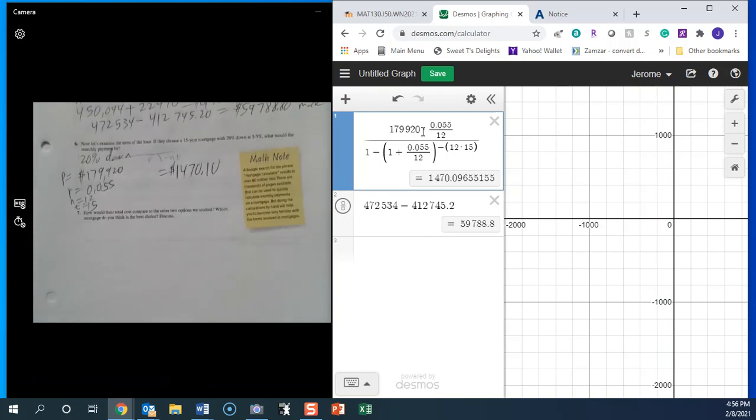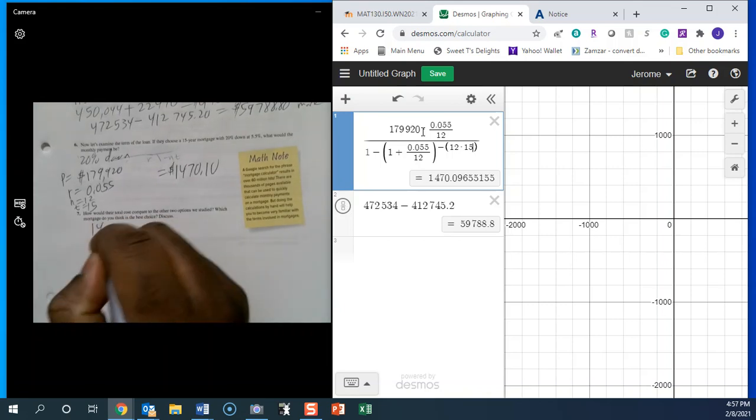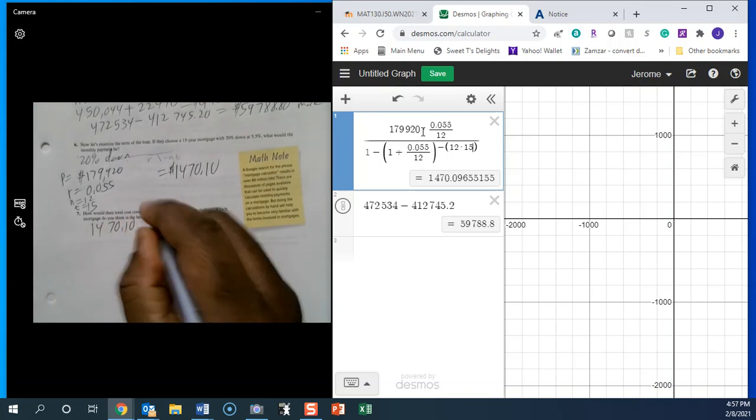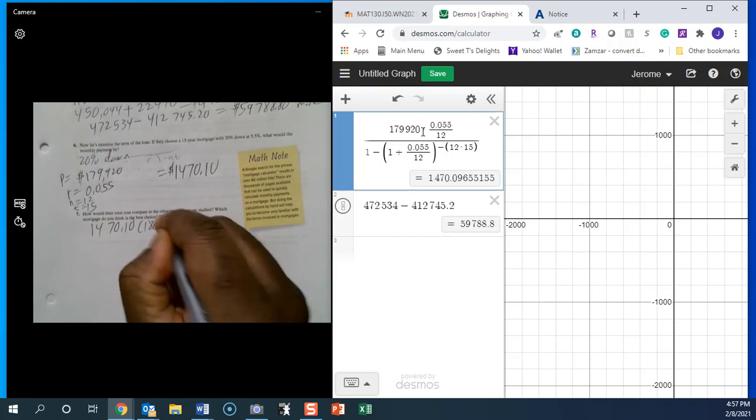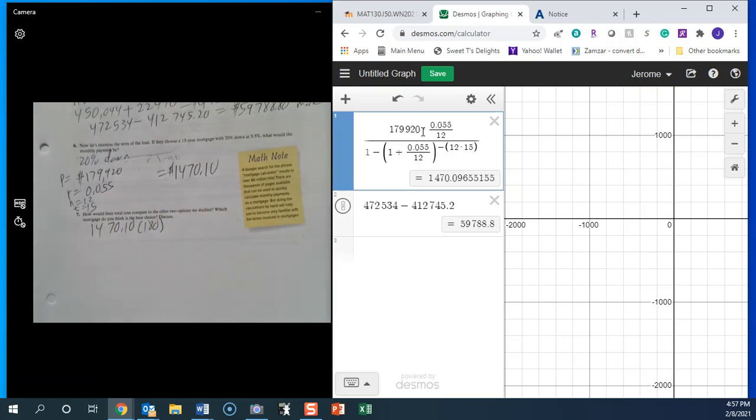Now, number 7, how would their total cost compare to the other two options we studied? So we did $1,470.10 times 180. So let me put that in here. And then we have to add our down payment.